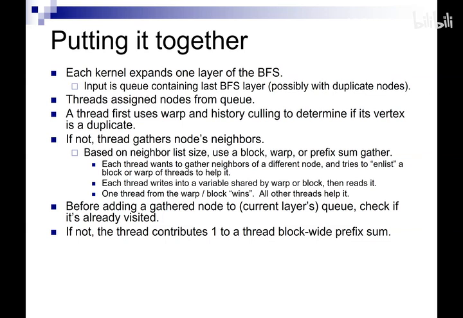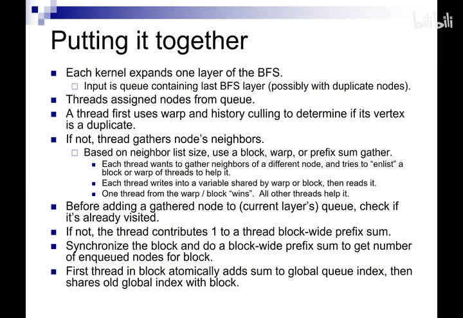To do that, the thread is going to contribute 1 to a prefix sum. Remember, for each value that you put into the prefix sum, you get 1 location in the queue. So now we found an unvisited neighbor, so we're going to add 1 to the prefix sum to get that neighbor a location.